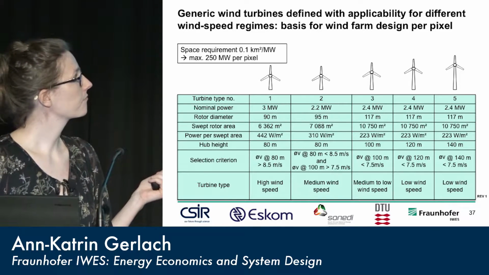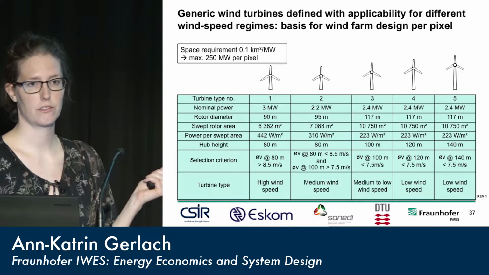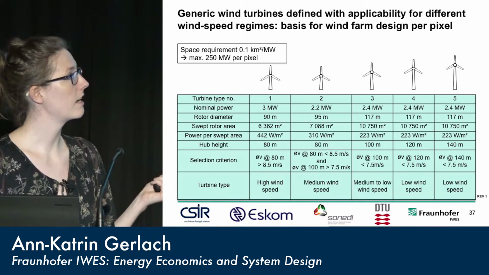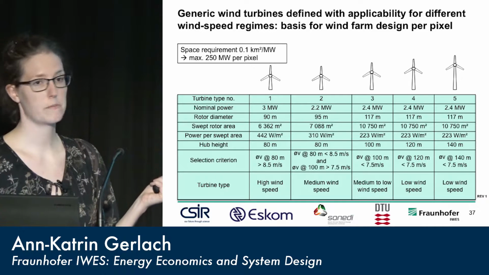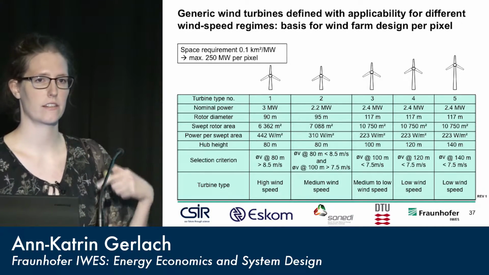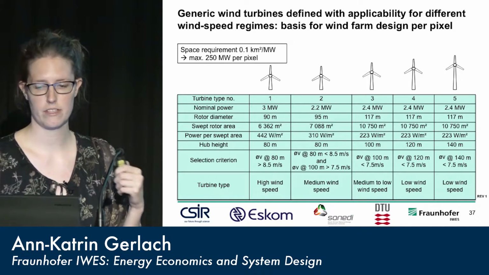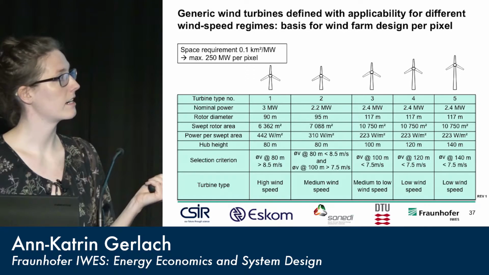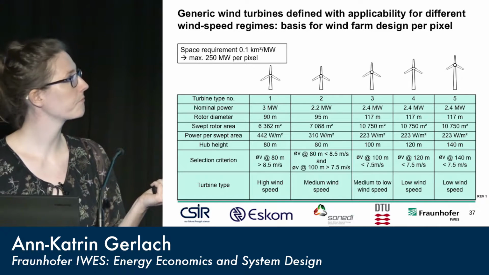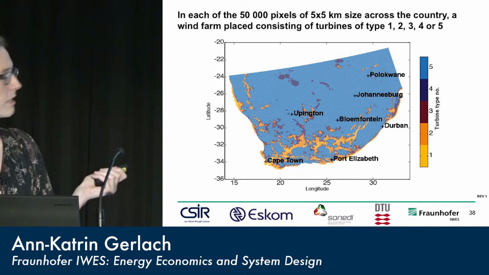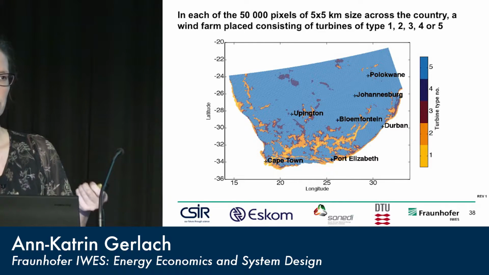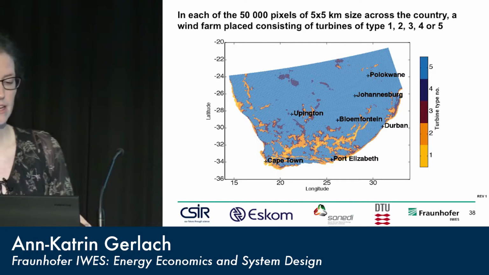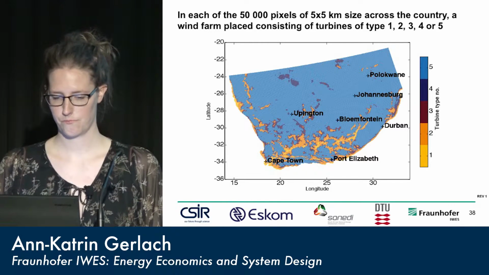So there are wind turbines which are smaller for sites with higher wind speeds, and where the wind speeds are lower, you would install wind turbines with a higher hub height. Depending on these wind speeds, we chose for every pixel which turbine would be there. And this you can see on this plot.